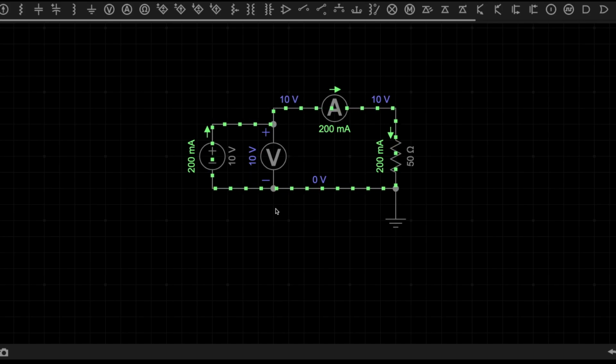We tried it with 10 ohm load, then 20 and then 50, but the terminal voltage is still the same, that is 10 volts. So this type of source is called an ideal voltage source, right? So let's see the definition of ideal voltage source.